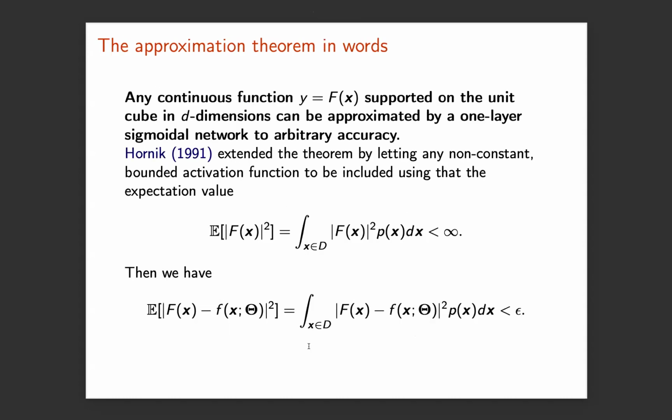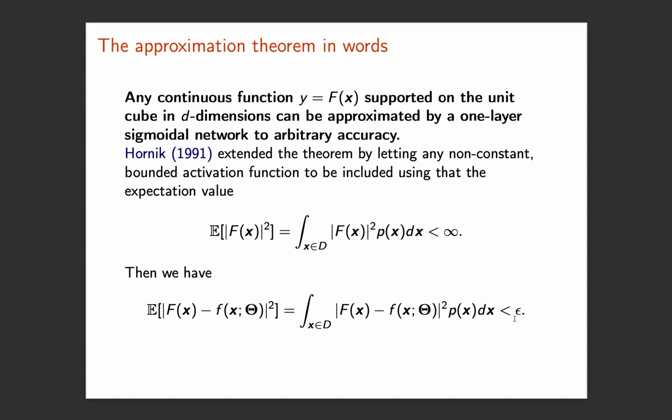Then this was extended by Hornik by allowing any non-constant bounded activation function to be included, using that the expectation value of this quantity here is smaller than infinity. Then you can show that this expectation value is smaller than a specific quantity epsilon. What this epsilon is, is something you have to play around with.